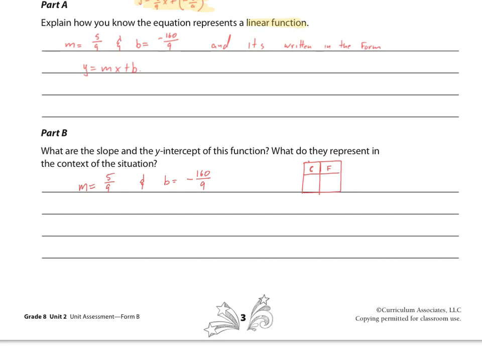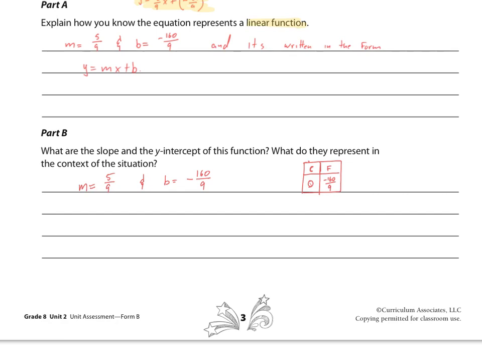And this is going to help you understand what's going on and try to make sense of it. If Celsius is 0, your initial value will be negative 160/9. Okay?